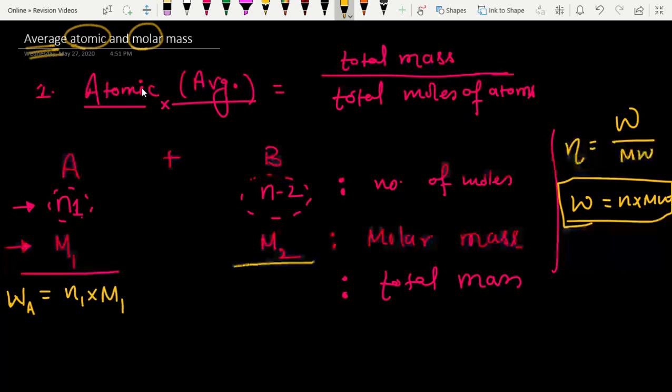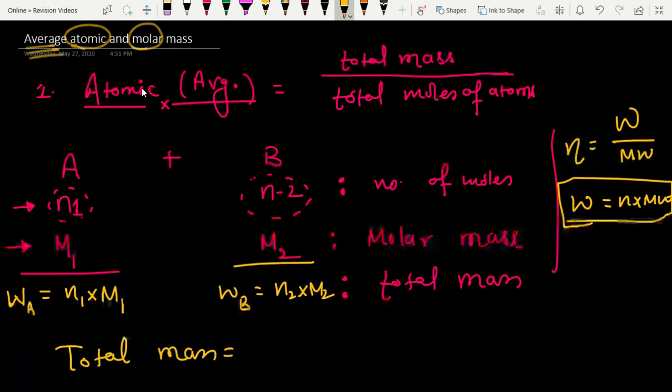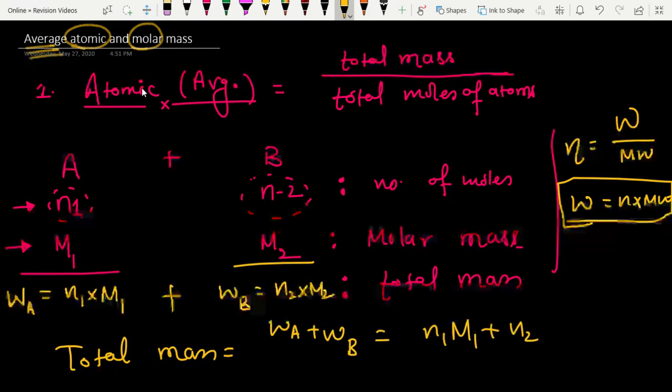The weight of the other sample, let's call it WB, will be equal to N2 into M2. The total mass of the sample will be WA plus WB, which is also equal to N1 M1 plus N2 M2.